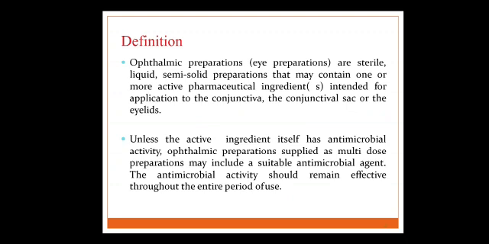Means, these are the sterile products meant for instillation into the eye in the space between eyelids and eyeballs. These products must be sterile and prepared under the same conditions and by the same methods as other parenteral preparations, unless the active ingredient itself has antimicrobial activity.